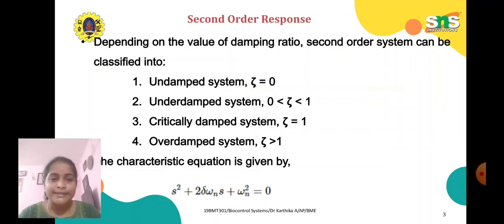Here the characteristic equation is s square plus 2 del omega n s plus omega n square equal to 0. The del value is varied depending on the system's damping ratio. Del might be 0, or between 0 and 1, or equal to 1, or greater than 1.